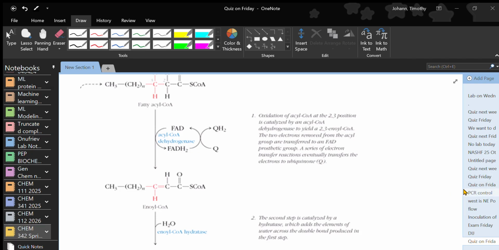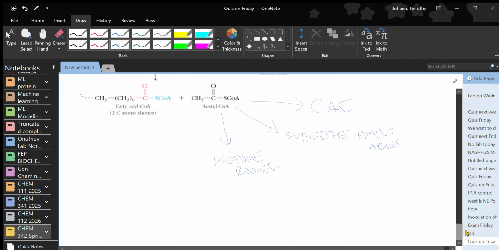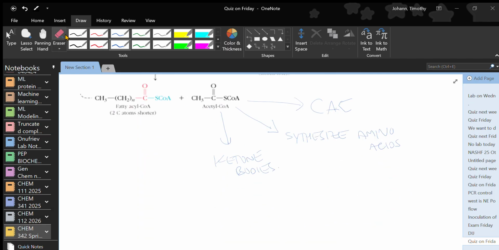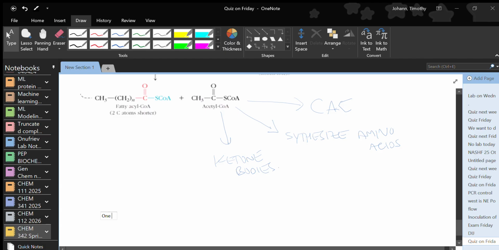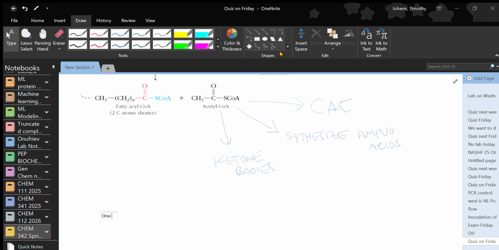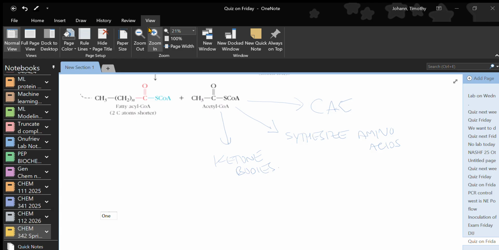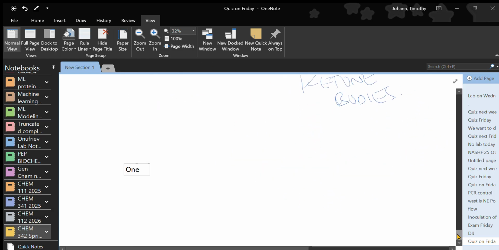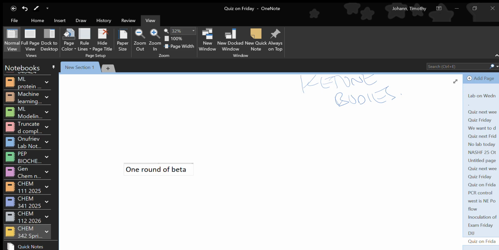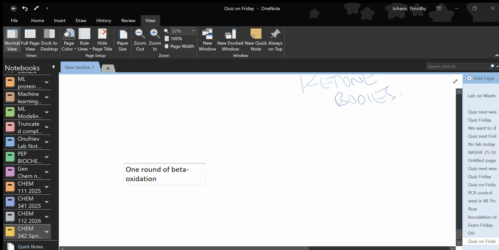So let's summarize what we get out of this reaction. One round of beta oxidation, assuming it's a full round, produces one NADH and one ubiquinol.